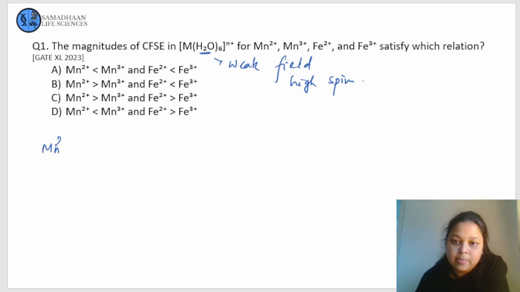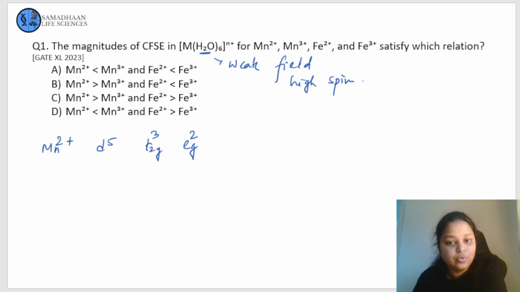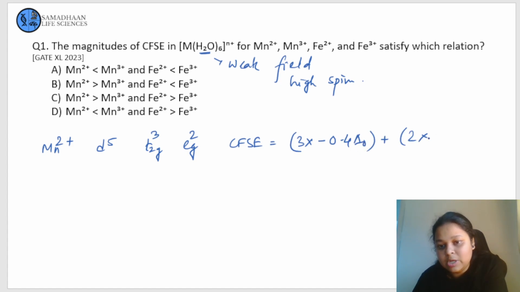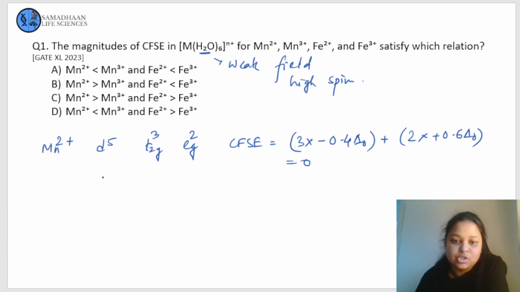The first one is manganese 2 plus. This is a d5 system. So T2g 1, 2, 3, then 4, 5 go to Eg. Let's calculate the CFSE: 3 into minus 0.4 delta O plus 2 into plus 0.6 delta O. This will be 0.